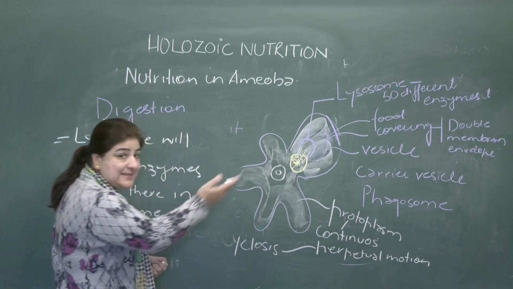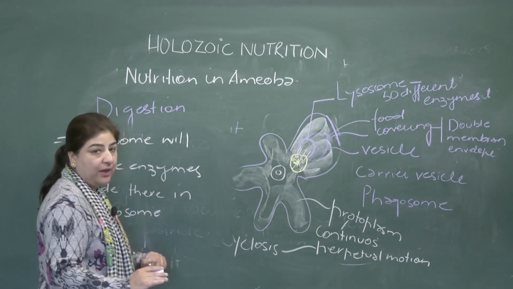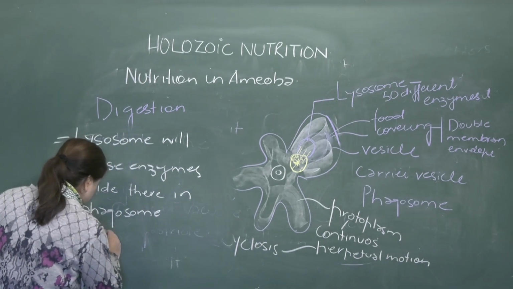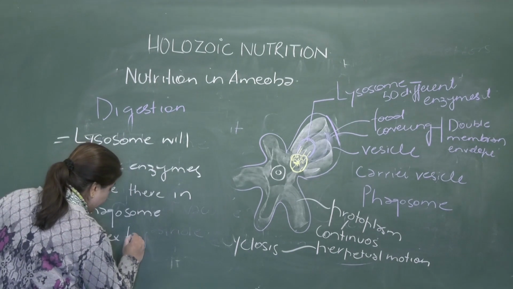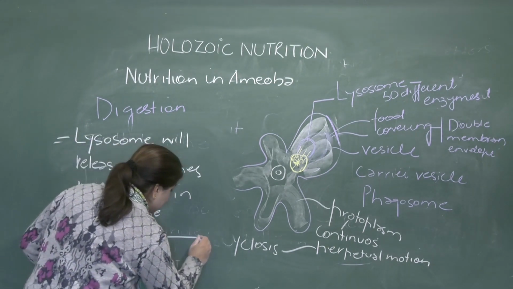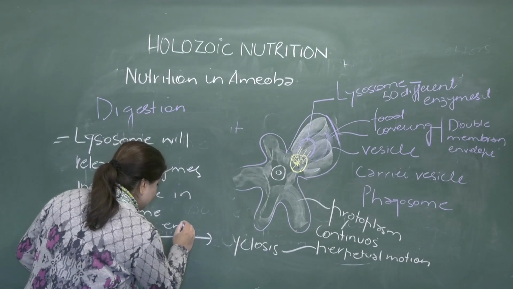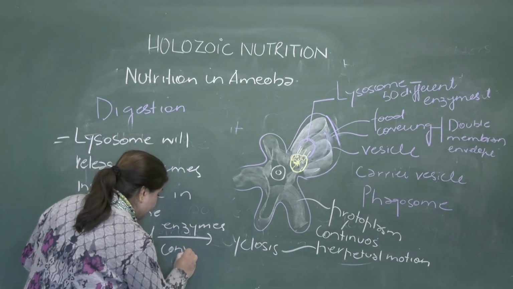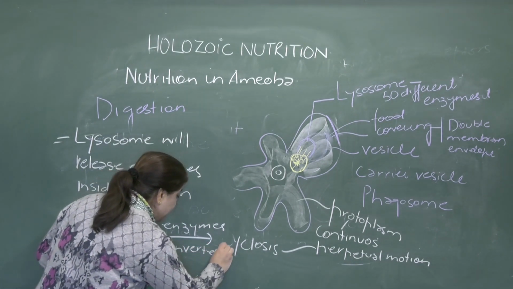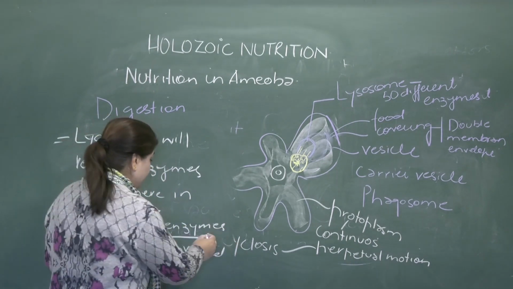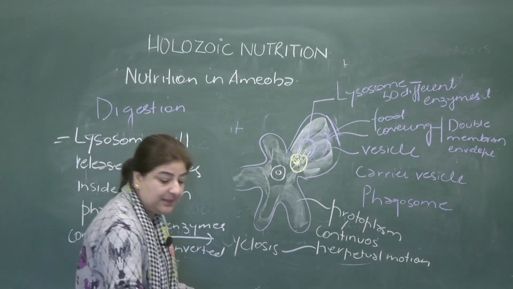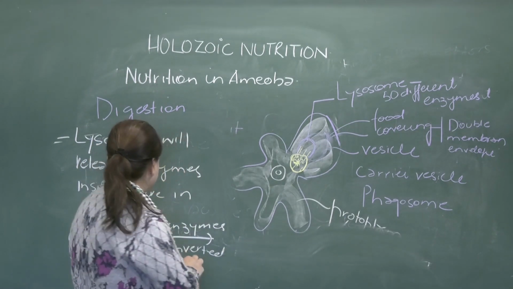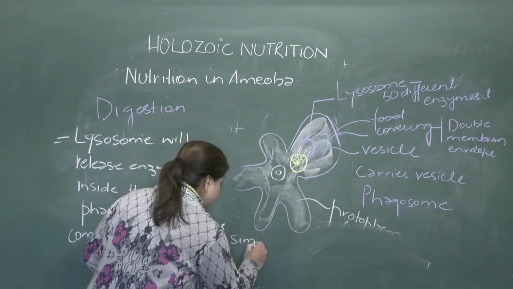Now, once these enzymes are released there in the phagosome, what happens? The complex food, with the help of these enzymes, will get converted into simpler form.